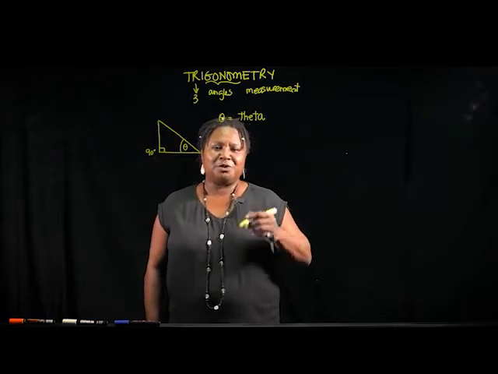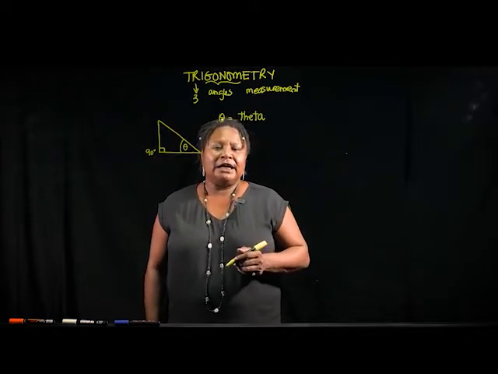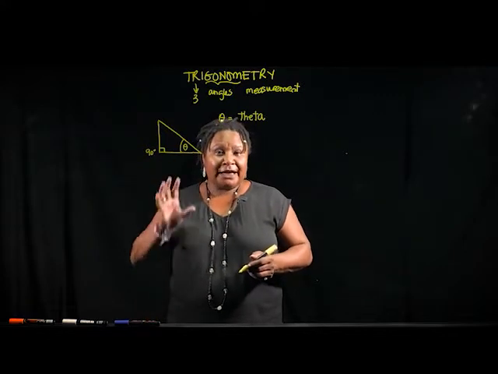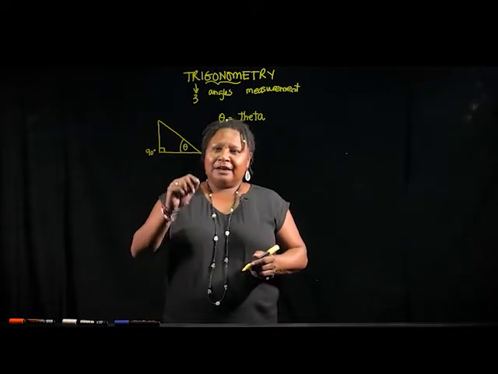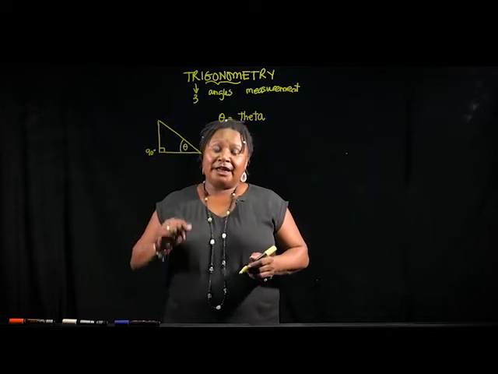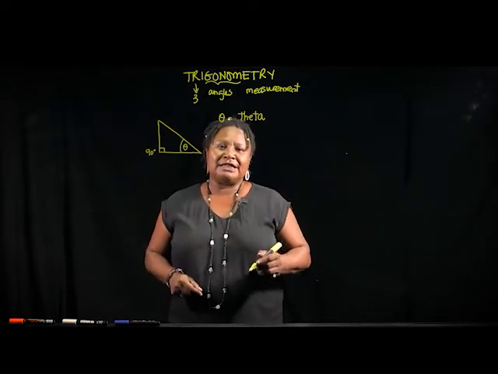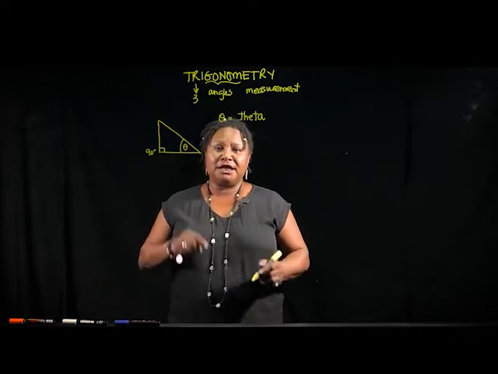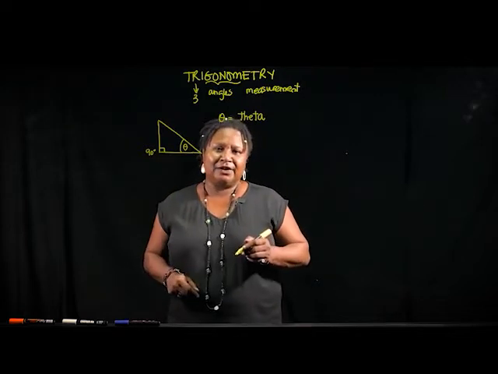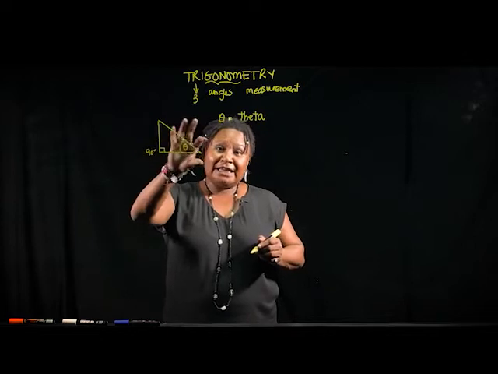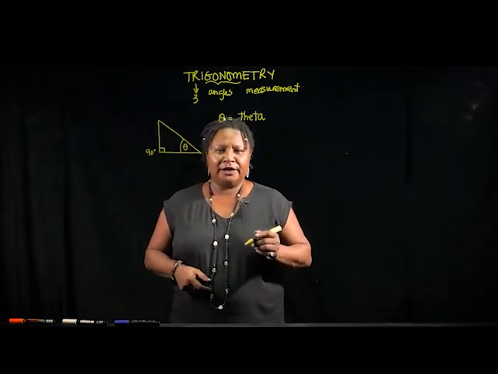So, with that at the back of your mind, let's look at why they are called trig ratios, because it is the relationship between 2 sides in a right angle triangle.